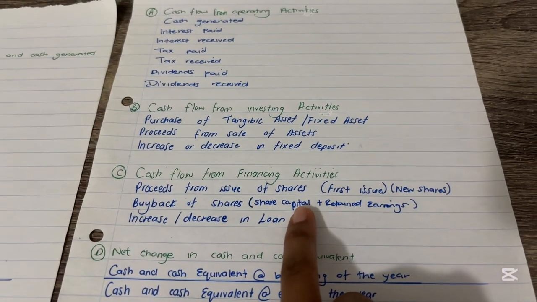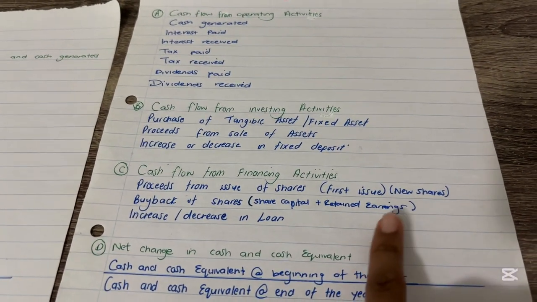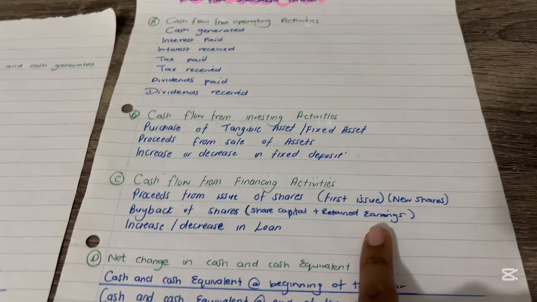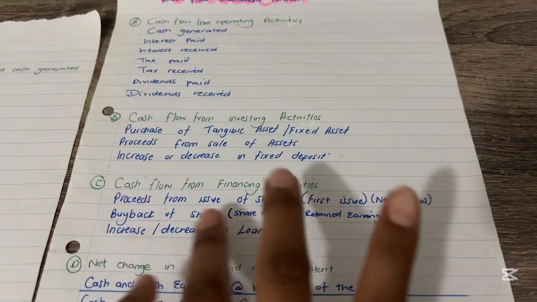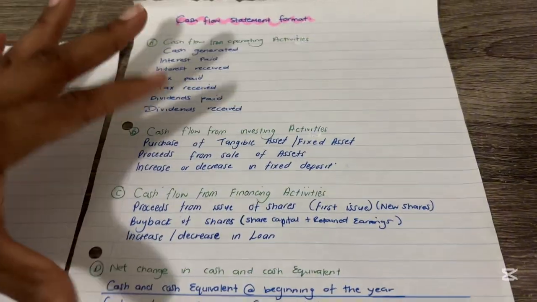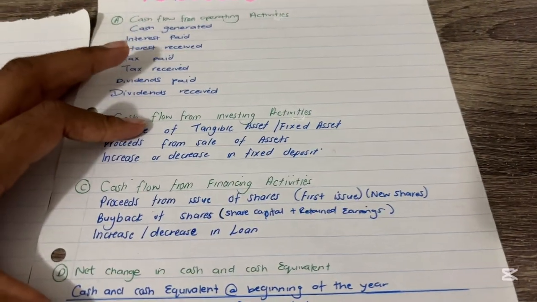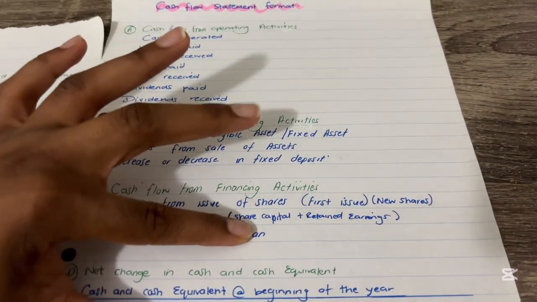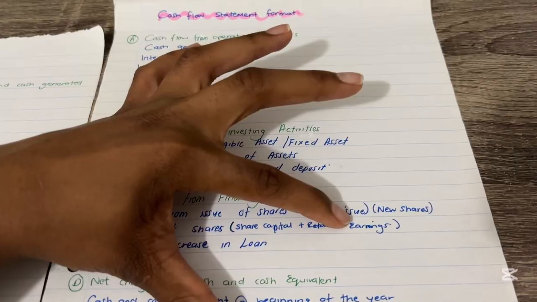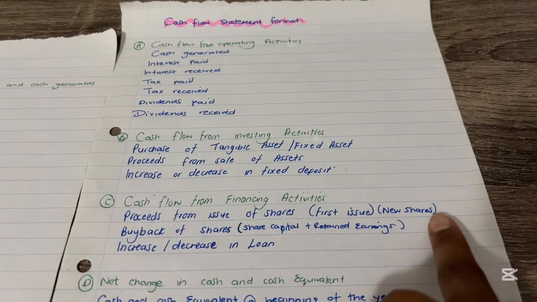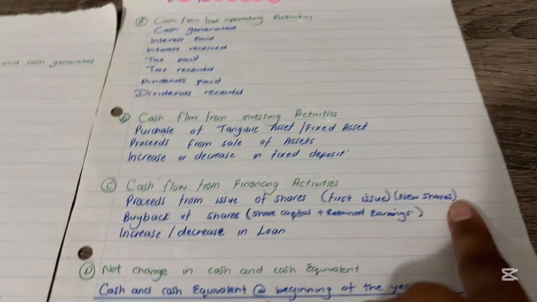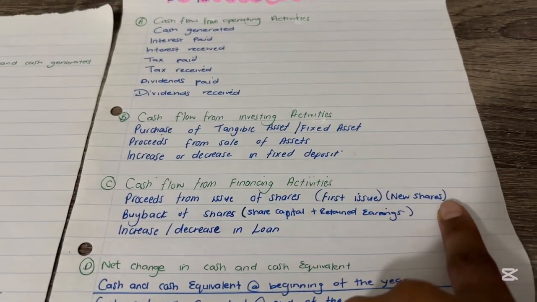When it comes to a share buyback, and in your retained earnings note, you have an above average price. You take the two amounts and add them together, meaning the buyback of shares in the cash flow statement is the total amount: your average price plus your above average price, times the number of shares you've bought back, and you get the amount. But it's in brackets because when you're buying something back, money leaves the business.